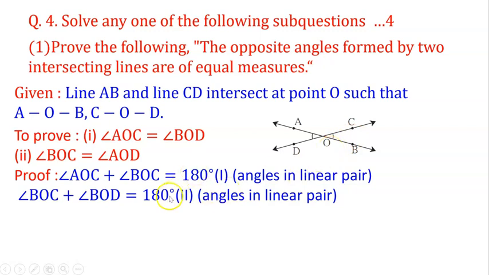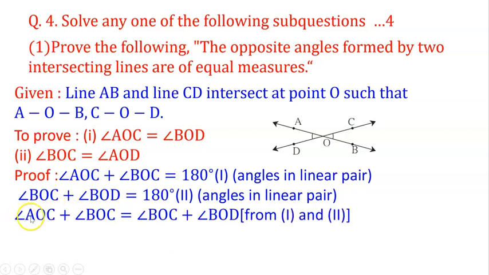Now, the right hand sides of these two statements are the same. Therefore, their left hand sides are also equal. Therefore, we write here angle AOC plus angle BOC is equal to angle BOC plus angle BOD. Now, what is common on both sides? That is BOC. We will cancel it here.